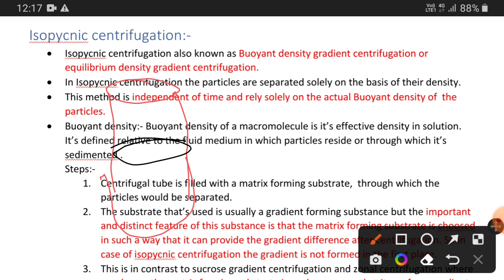First of all, they will generate a gradient. Gradient means there will be a continuous change in something throughout the column. Here the gradient is of density, that means the density will be continually changing from the top to bottom.